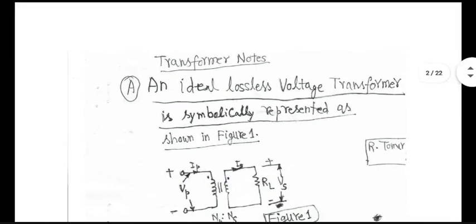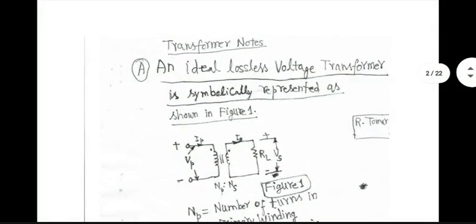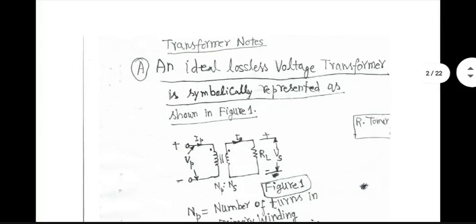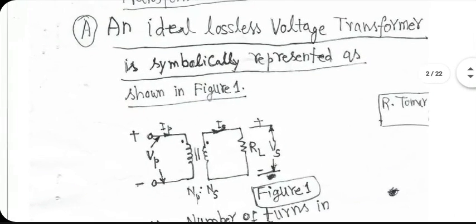Let me move a little bit further in this document in terms of basic theory of the transformer. It's not very difficult. If you look at an ideal lossless voltage transformer, the schematic that is normally used to describe the operation is what is shown in figure 1.